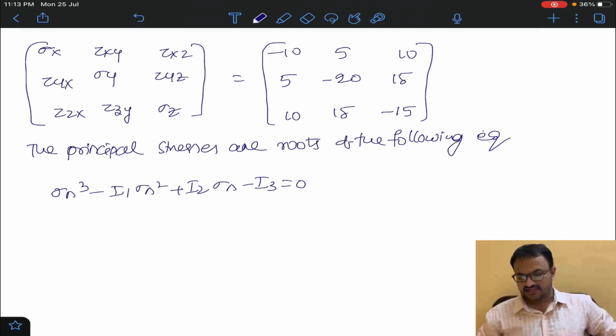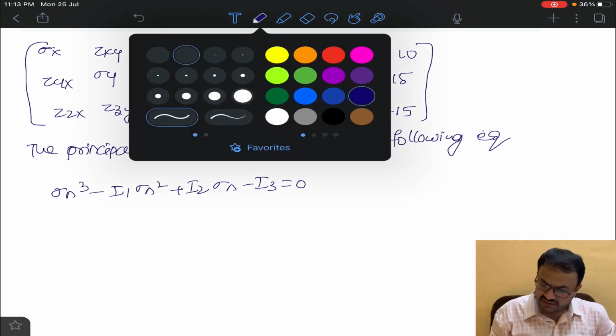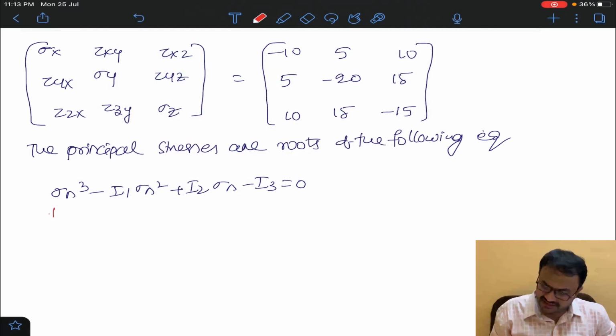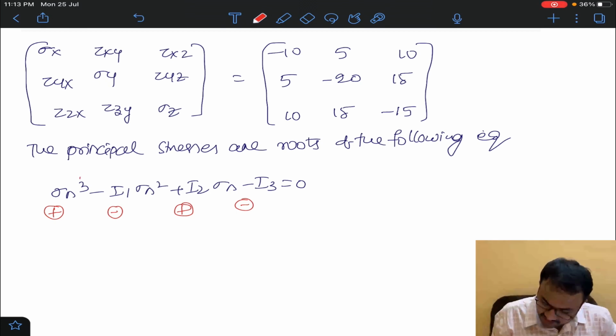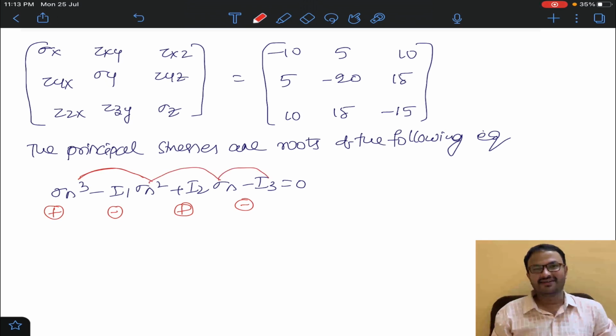Okay, so here sigma n, you can remember this very easily: it is alternating plus and minus signs, and the power will be 3, because it is a 3D tensor, a 3-directional tensor of the stress. So the maximum power is 3, and then 2, and then 1, and then 0 finally. Okay, so it's very easy. There is not much content in this, okay?